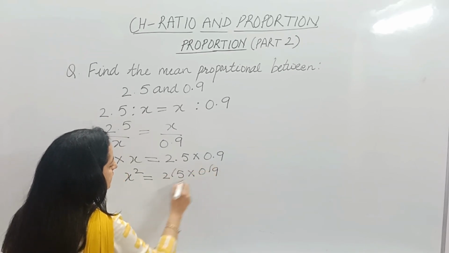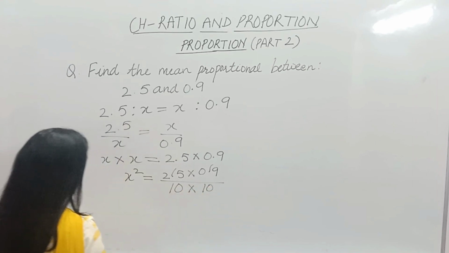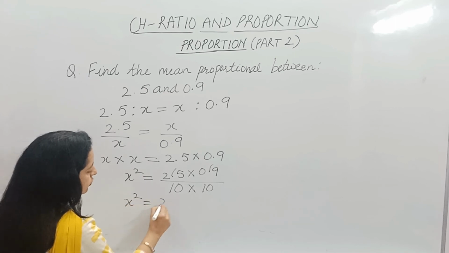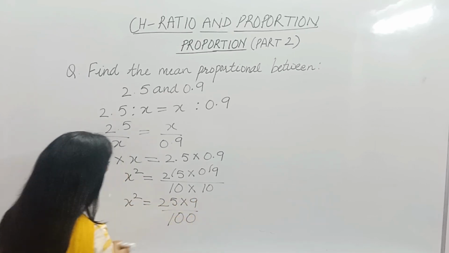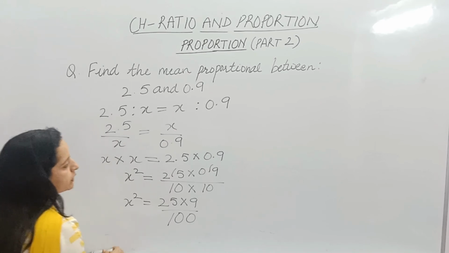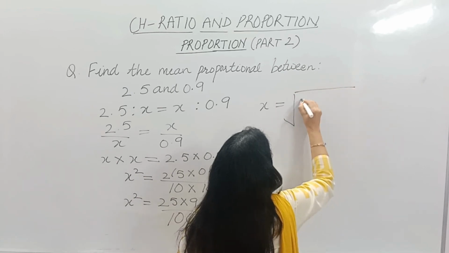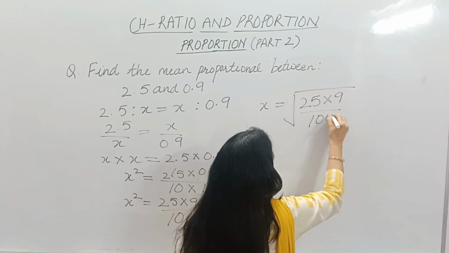We can eliminate the decimals. Here we'll multiply 10 and 10. So we have got x square is equal to 25 into 9 upon 100. Now we can find the value of x. So we can write that x is equal to square root of 25 multiplied by 9 upon 100.